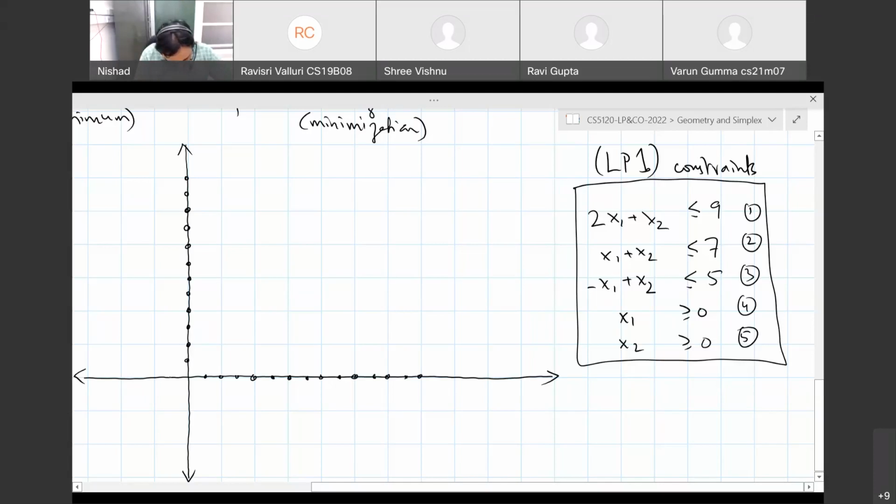Let's put a few here. All right, so let's look at the first constraint.